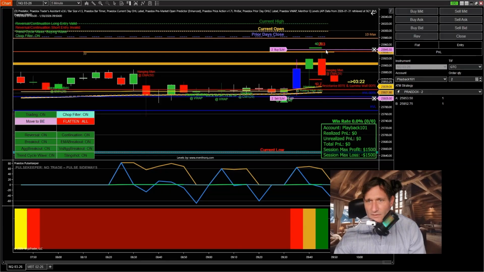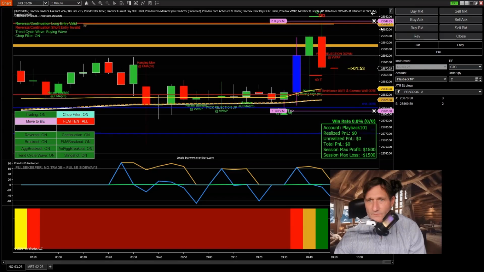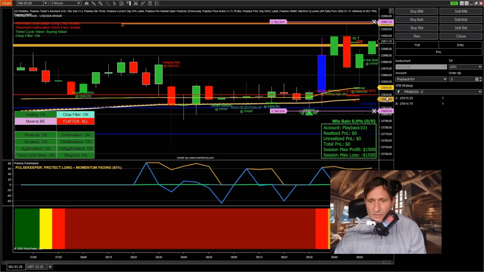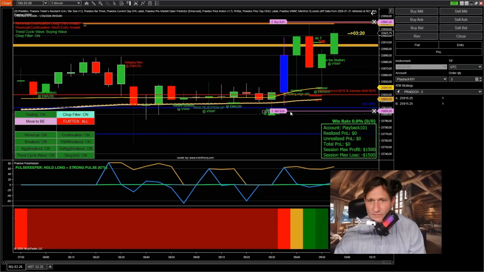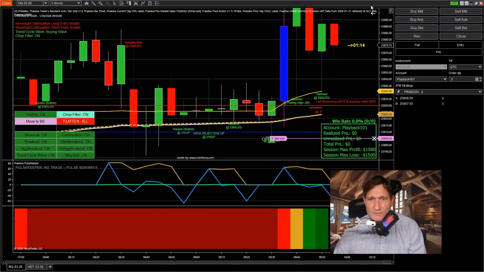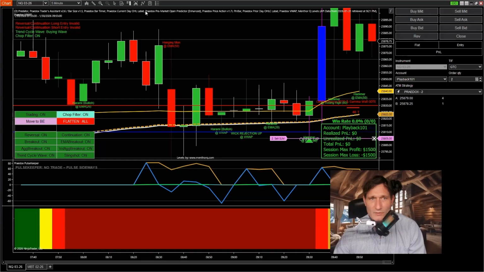And this is how I would set this up, entering at the breakout. We're looking at a breakout of the opening range between 9:30 and 9:45. I want to take longs above the highs of that range, shorts below the low.